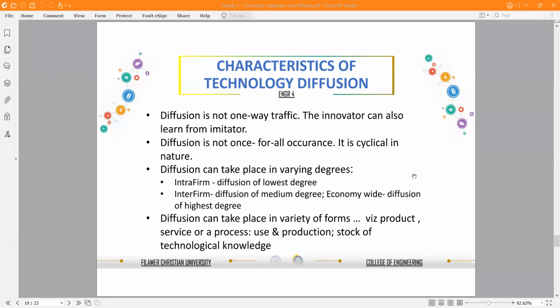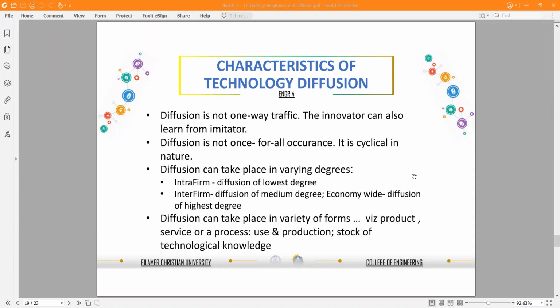Pero instead na same specs ng battery, in-increase mo, ginamitan mo ng Motolite. So you learn from imitators. So yung mistakes ng imitators or mistake ng ginawa ng pioneer na yun, hindi mo na ginaya. Okay, so you learn from the mistakes of the first innovator.